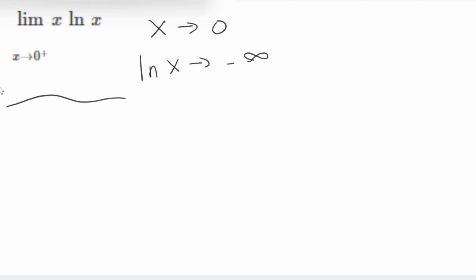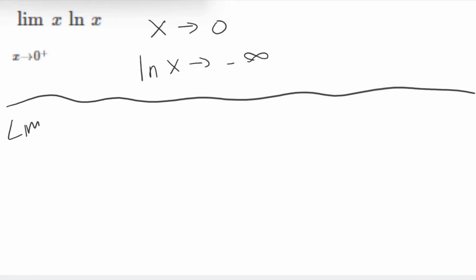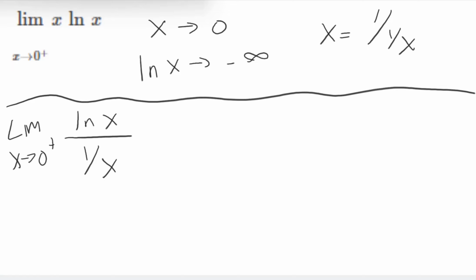To do that, we do a nice little trick. The ln of x will stay there, and I'm going to change my x to 1 over x. The nice thing about what I just did is I made it a fraction.